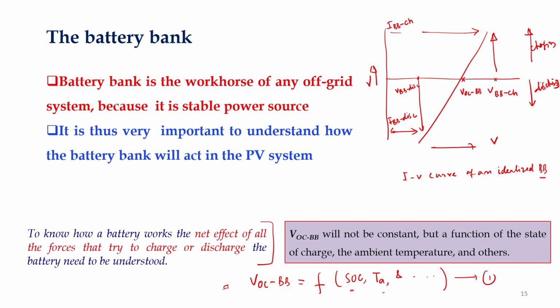But in our analysis, variation of VOC with respect to SOC, TA and other parameters is neglected. Okay. Now, let us write down the expression for IBB, which is VBB minus VOC BB over RI. This is because RI is the resistance, because I can draw this figure as well.